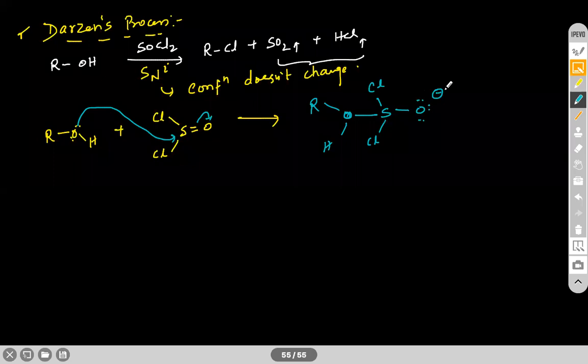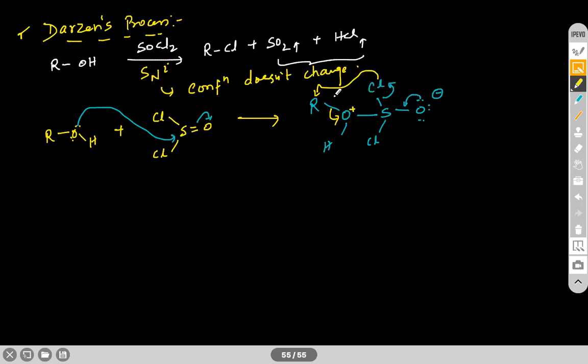Now in the next step, this forms a pi bond here, and one chlorine goes out as a leaving group. And this chlorine, which comes out as Cl minus, then attacks onto this alkyl group, right? And when this donates the electron pair here, this will have one positive charge. It takes the bond pair of electrons and goes out.